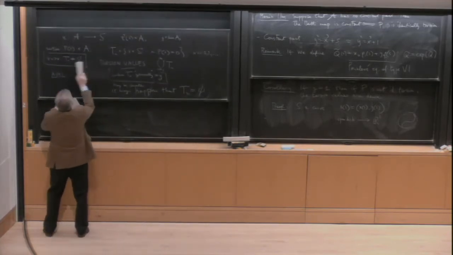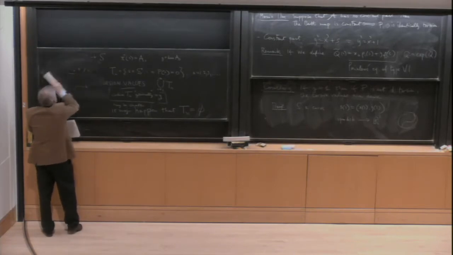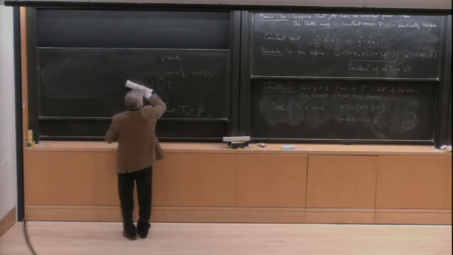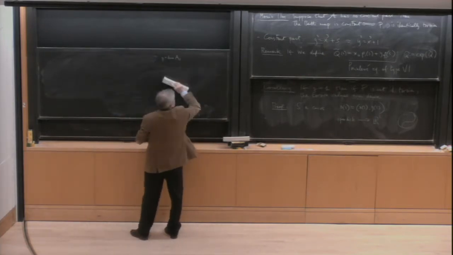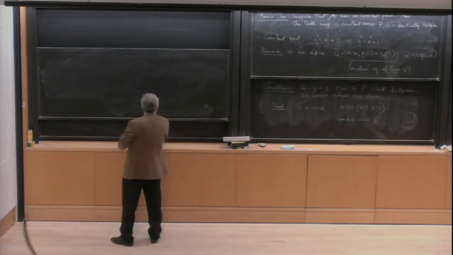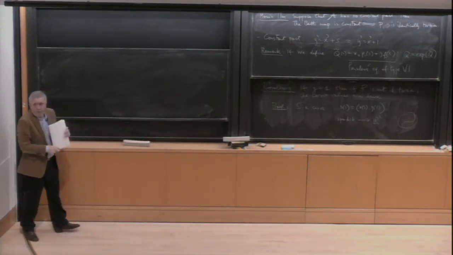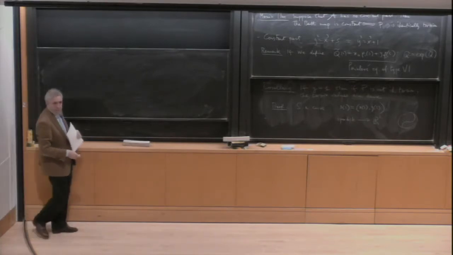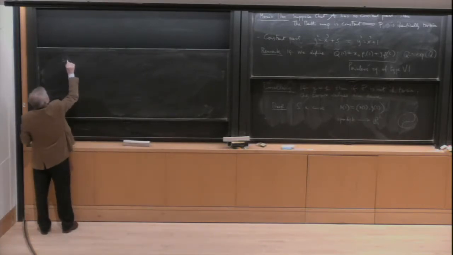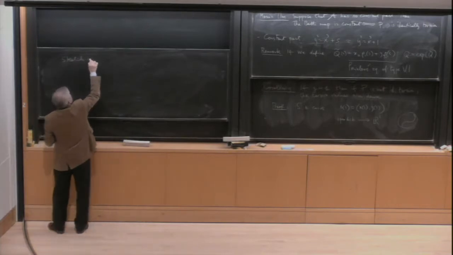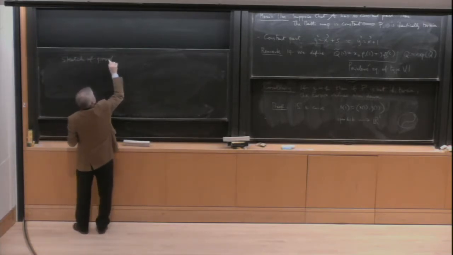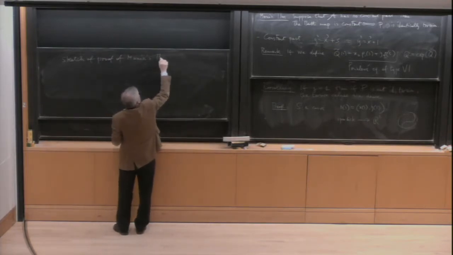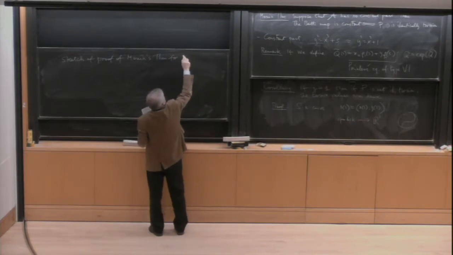Now what I would like to do is to sketch a simple proof of the theorem of Manin, that actually appears in his paper. He also starts from the elliptic case. So, a sketch of proof of Manin's theorem for the Legendre case.